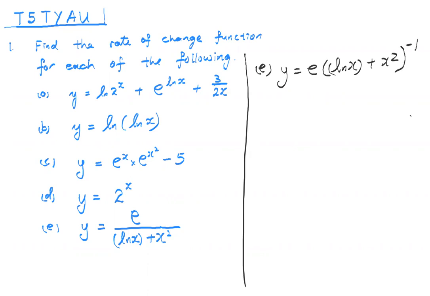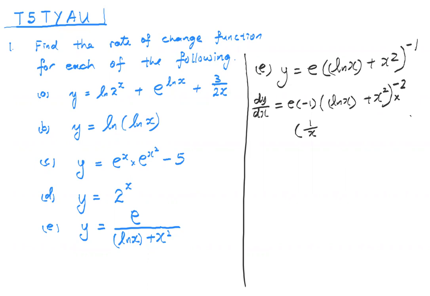So you use your chain rule, dy/dx equal to multiply by the power, copy down the whole thing, power take away 1, times by, okay, ln x. What is the rate of change of ln x?